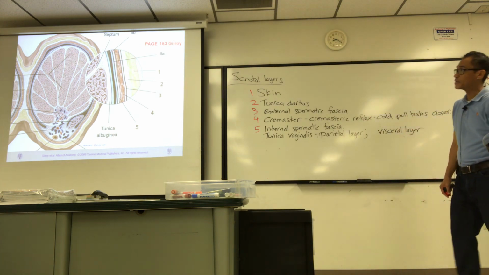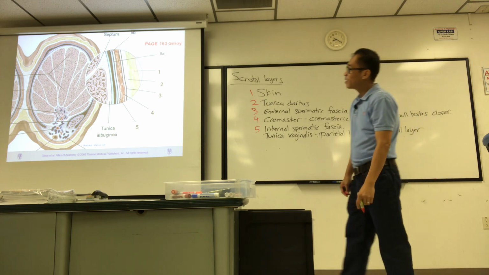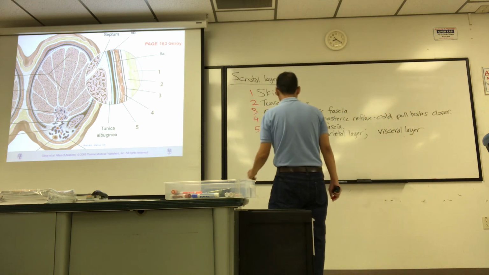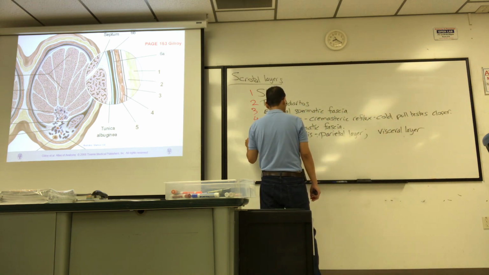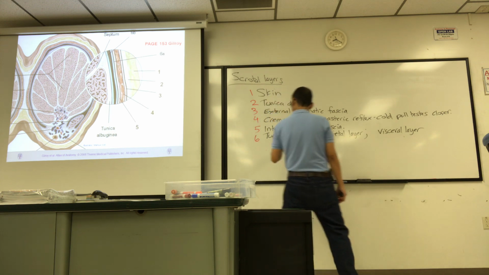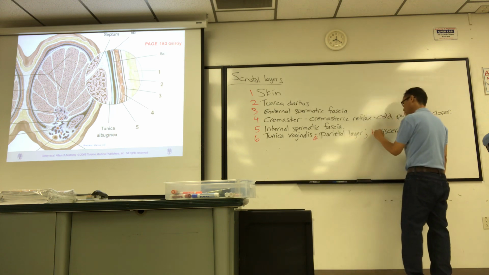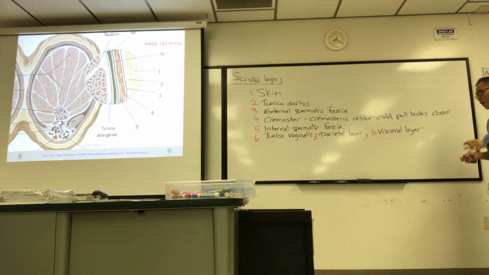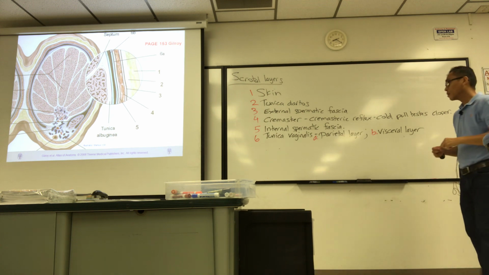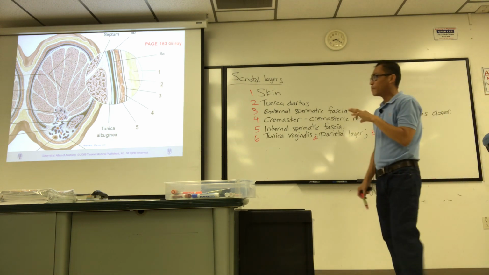And then they go 6A and 6B for our double layers of tunica vaginalis. So I'll say 6 for tunica vaginalis, but the A and the B are for the parietal and the visceral layer. So match your notes with the picture and see if you can name them without looking.